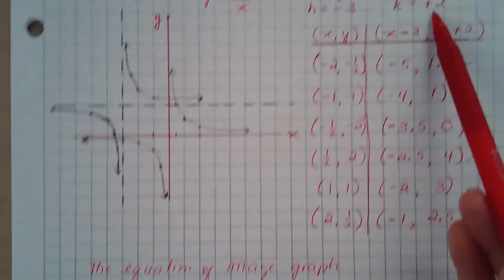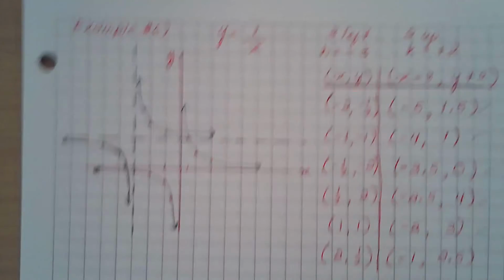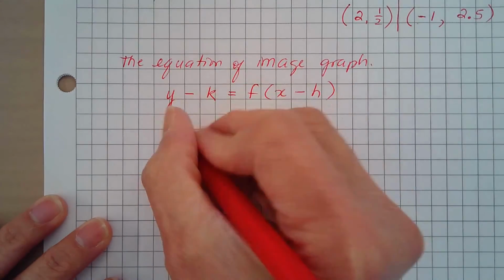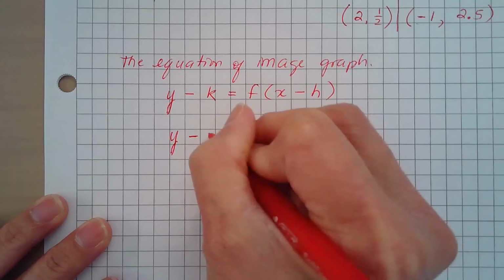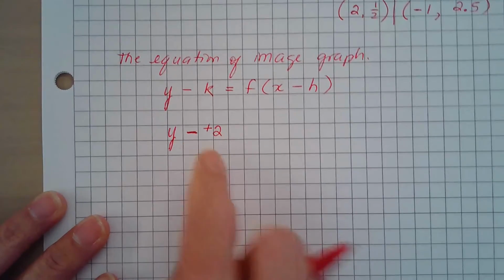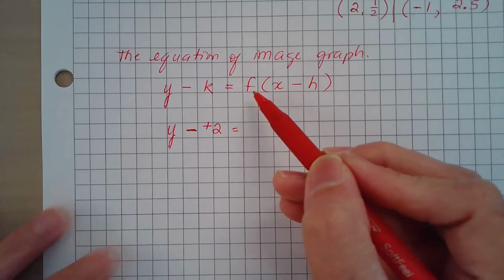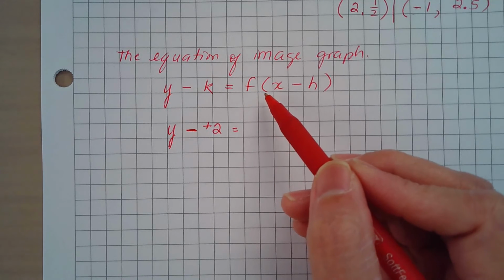K is 2, right? K is 2. So we're going to go y minus positive 2. I'm going to put positive 2 there because we want to make sure that we understand where that's coming from. Now I'm going to drop the f because that's a general function.